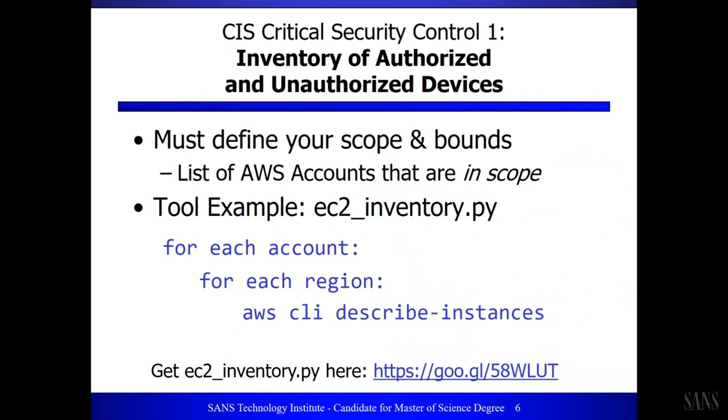Our program iterates through each account that's in scope using the appropriate IAM credentials that are configured for that account. And then within each account, it iterates through each region, collecting the details of each EC2 instance. Oh, and an EC2 instance is a virtual machine in Amazon Web Services parlance.